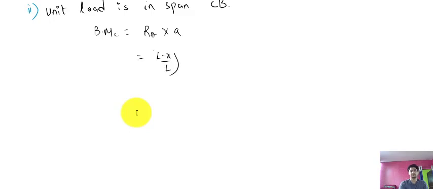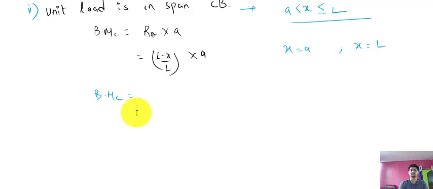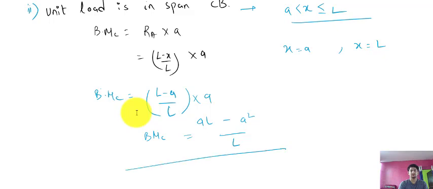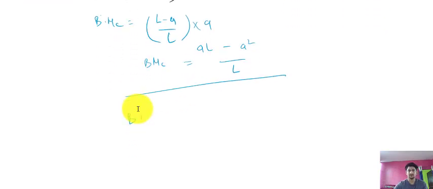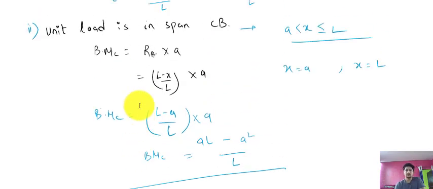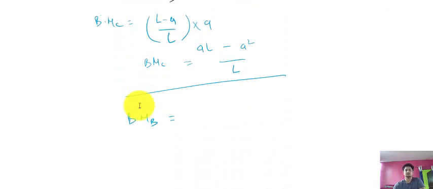Now for this you will have two values. This condition is valid for X greater than A and less than or equal to L, so the X value will be varying from A to L. For the first condition, when X equal to A, the bending moment at C will be (L minus A) upon L into A, and this will give you (AL minus A square) upon L. So this is the bending moment equation at C. Now when you put X equal to L, the bending moment will be at point B. Put this in the equation: L minus L upon L, so L minus L will be 0.